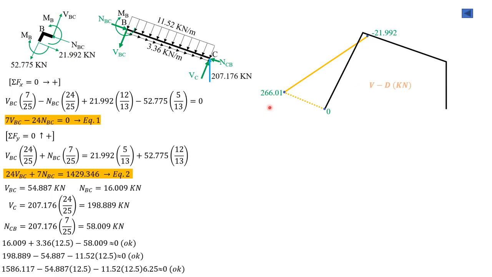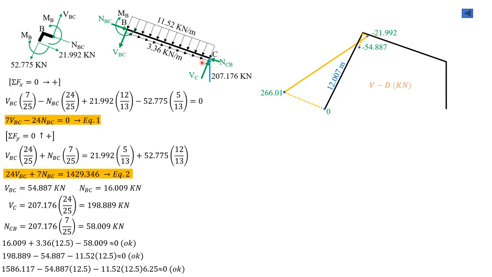So 266.01 divided by 22.154 is the length here, 12.007, or 12.007 can be computed by similar triangles: 266.01 is to x1 as 21.992 is to 13 minus x1, you get 12.007. Therefore this distance is 0.993, 13 minus 12.007. Remember that the shear in BC is going down.